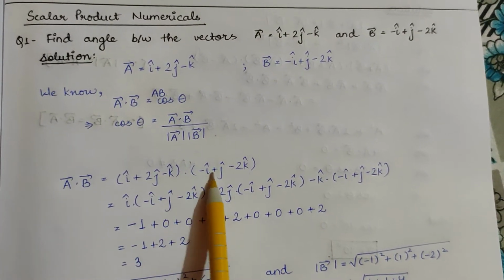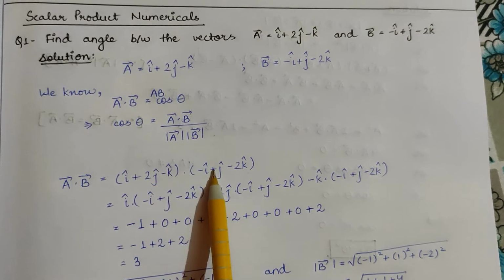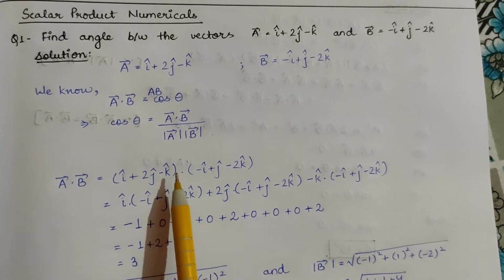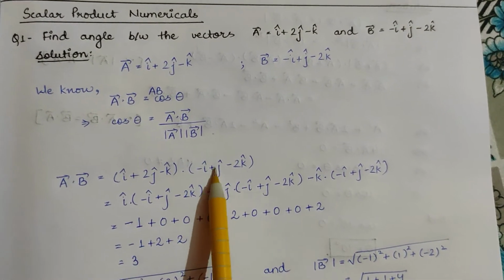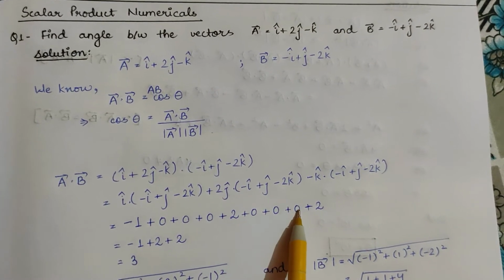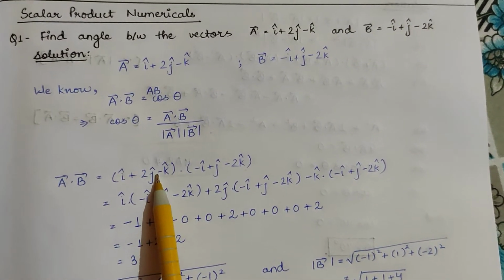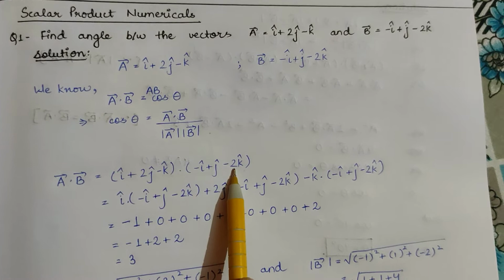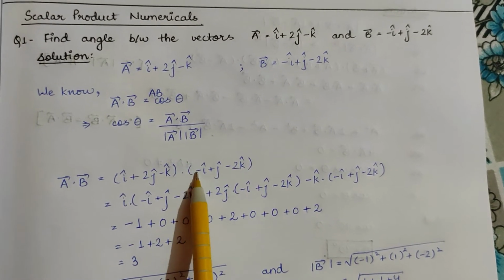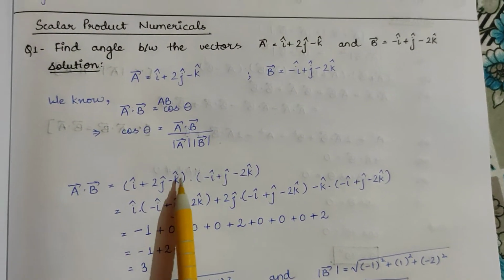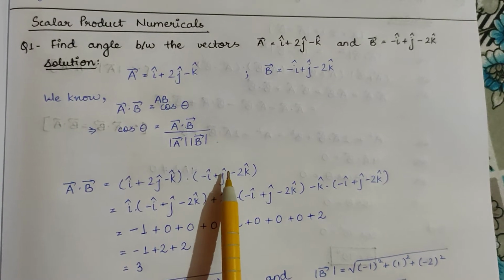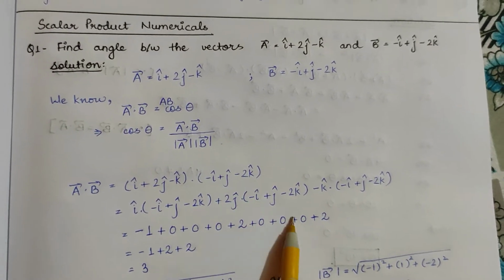Minus k cap dot minus i cap gives 0, and minus k cap dot j cap again gives 0. But minus k cap dot minus 2k cap, k cap dot k cap gives 1, and minus into minus becomes plus, so we are left with plus 2.